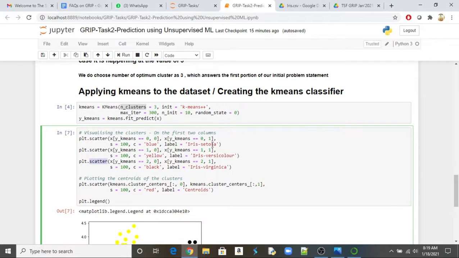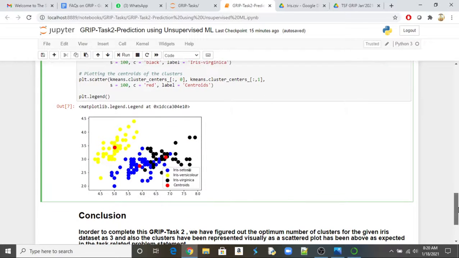There are three species: Iris setosa, Iris versicolor, and Iris virginica. These three clusters I have visualized and plotted against their centroids.